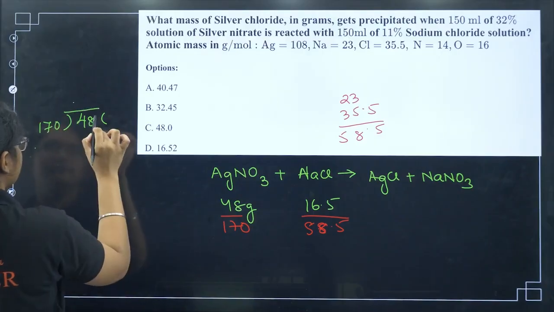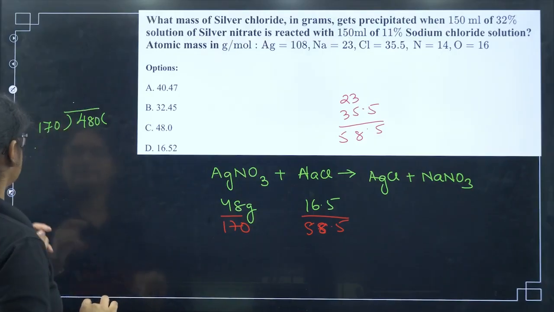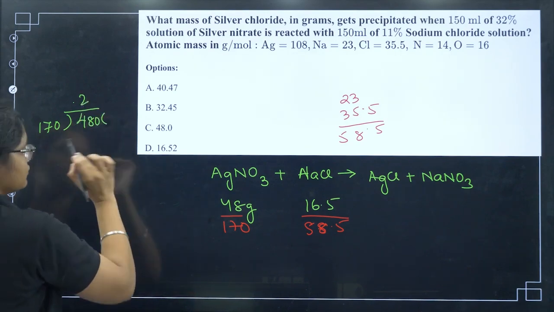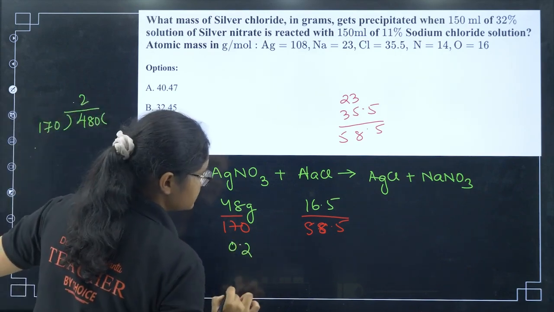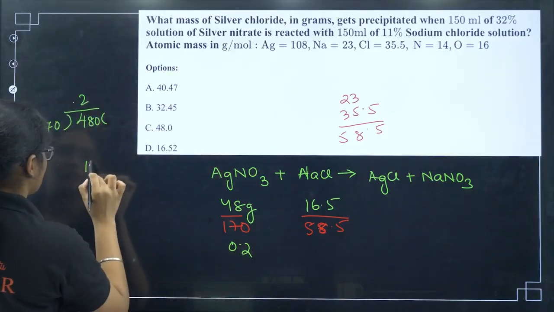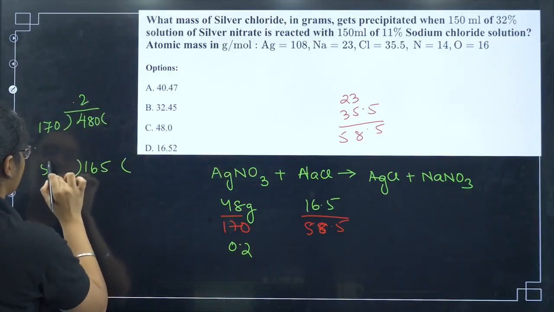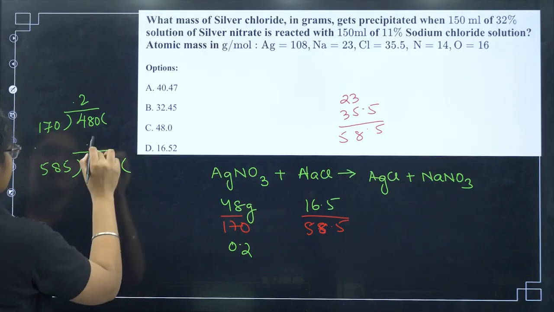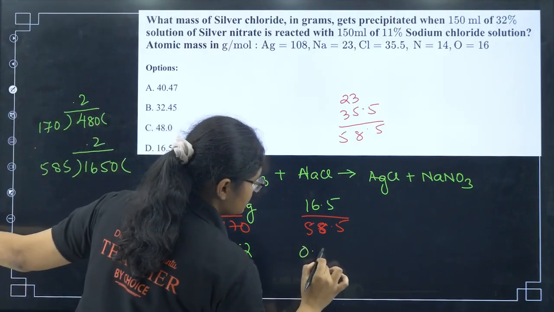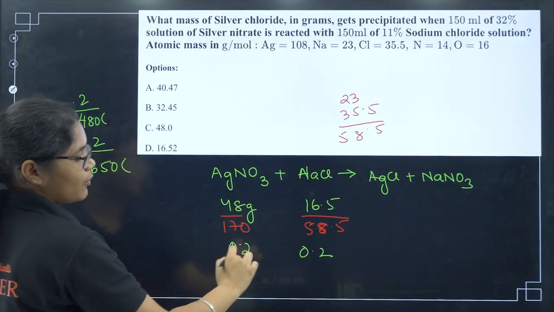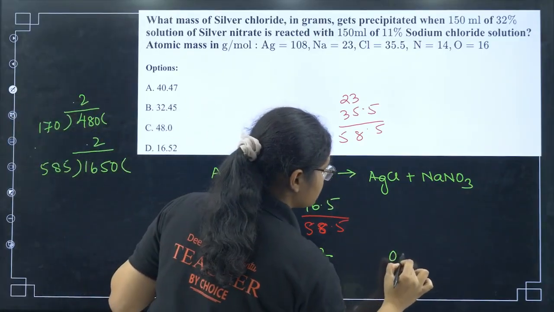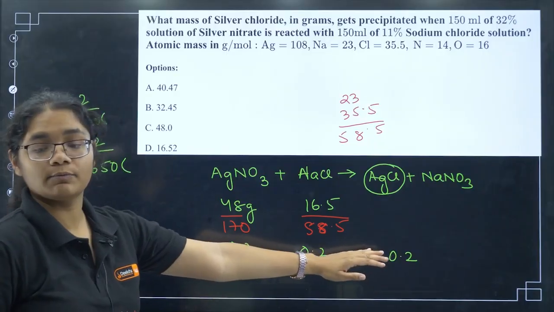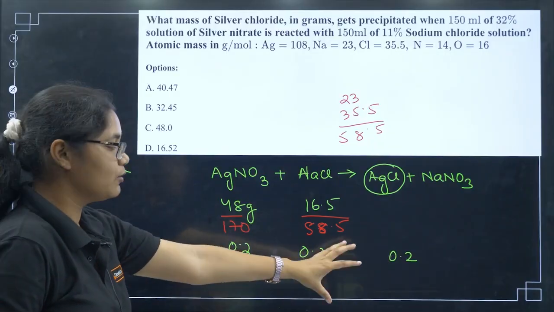I will get 0.2 moles, and 16.5, or I can write 165 divided by 585, here also I will get 0.2 something. So 1 mole is reacting with 1 mole, so 0.2 will react with 0.2, to give 0.2 moles of AgCl.